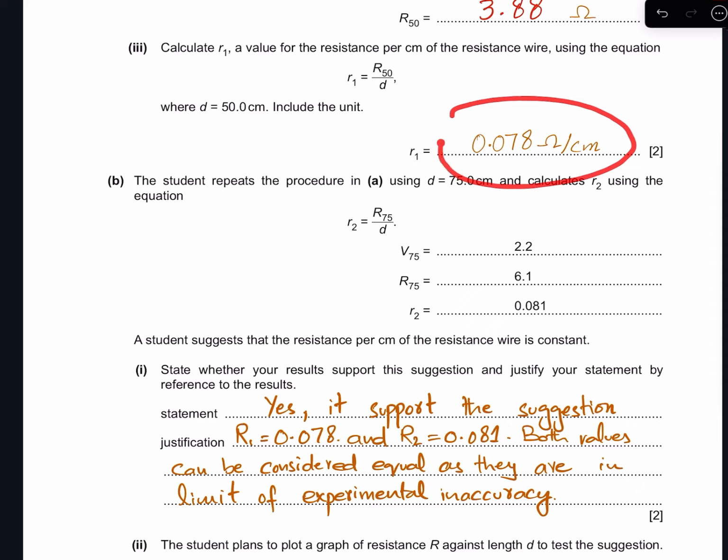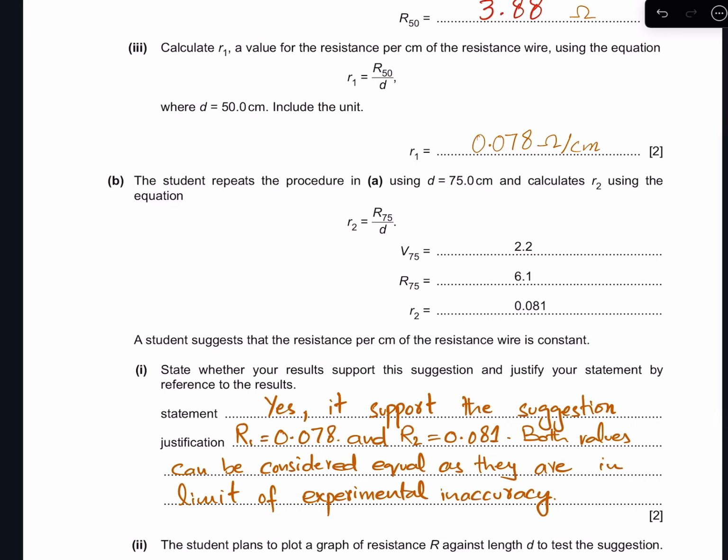If you see these two values, if the difference is less than 10%, then they come within the limit of experimental accuracy. Whenever we perform an experiment, there are chances of some fluctuations in real life. You will not get exactly the same answers if two different persons are solving the questions, right? So there is a high possibility of error. So if the difference between the two values is in the range of 10%, then it's perfectly fine.